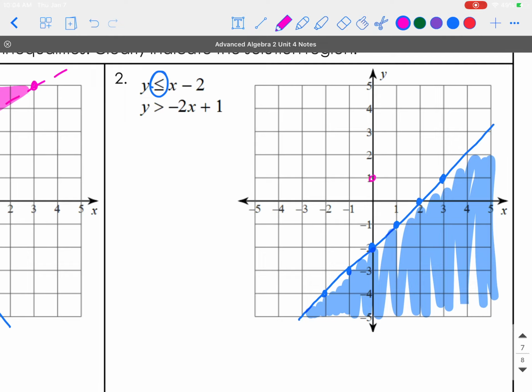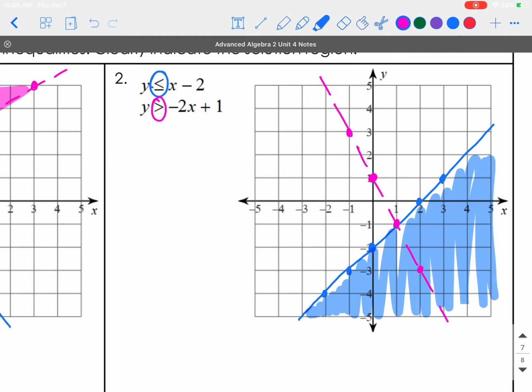The next line has a y-intercept of 1 and a slope of -2. It is going to be a dashed line because it doesn't have the equal to part, and I'm shading above.